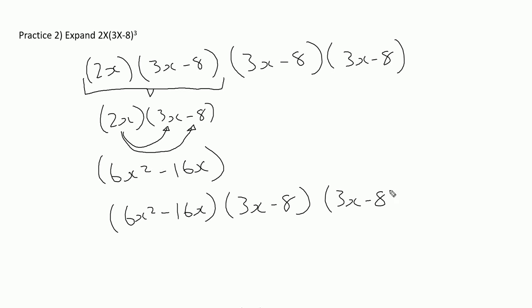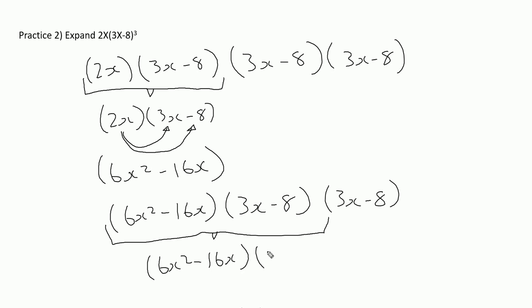And now again, I just take this pair, because we know how to deal with pairs of brackets. 6x squared minus 16x, 3x minus 8. So I'm just dealing with these 2 brackets now. So if I rewrite that at the top, 6x squared minus 16x, 3x minus 8.